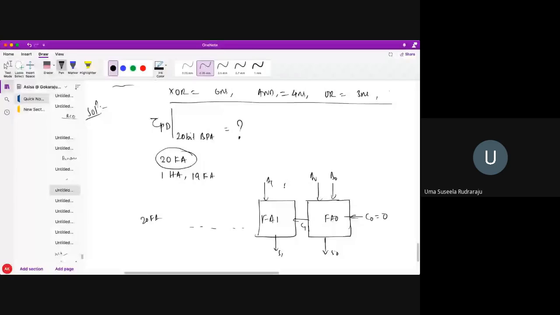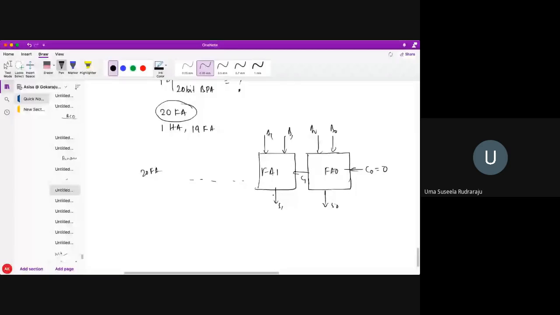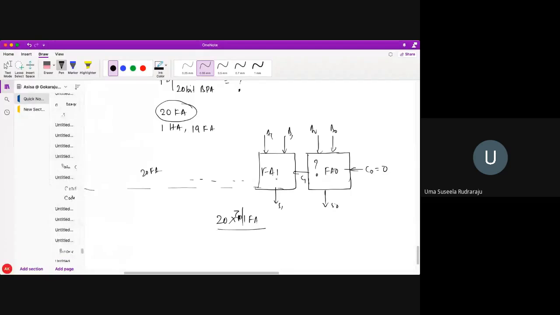Now if I can calculate FA0's propagation delay, can I multiply it by 20? Obviously yes, because there are that many stages. If I can find the propagation delay of one full adder, I can easily multiply it by 20.